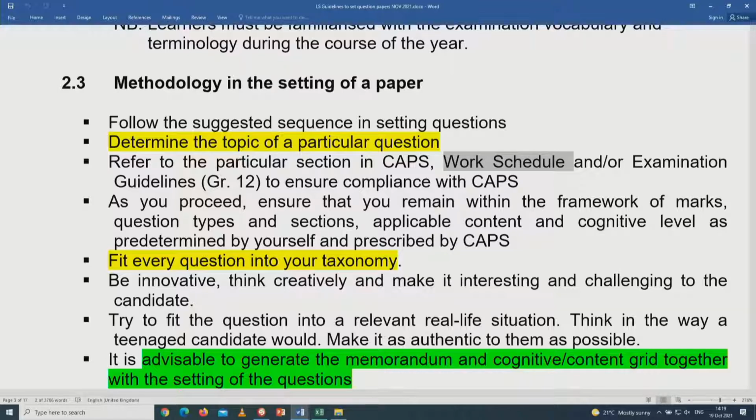In other words, what I normally do, I take a clean A4 sheet of paper, and I write quickly the section A, multiple choice, biological terms, column A, column B, matching columns, and then I write section B, question 2.1, 2.2, 2.3, etc. I leave myself gaps in between, and then do the same with question 3. And remember, there's no essay anymore. So at the end of question 3, 3.1, 2, 3, 4, 5, wherever, is the end of your paper.